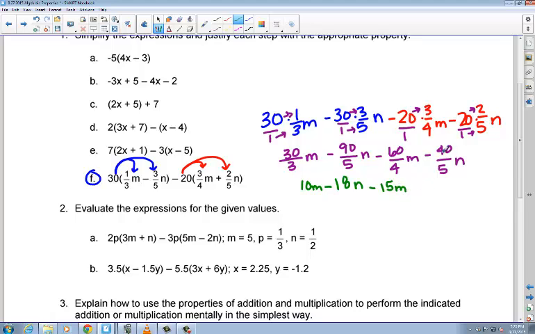And then 40 divided by 5 is a +8N. Here we go. All right. So now we have 10M minus 18N minus 15M minus 8N.